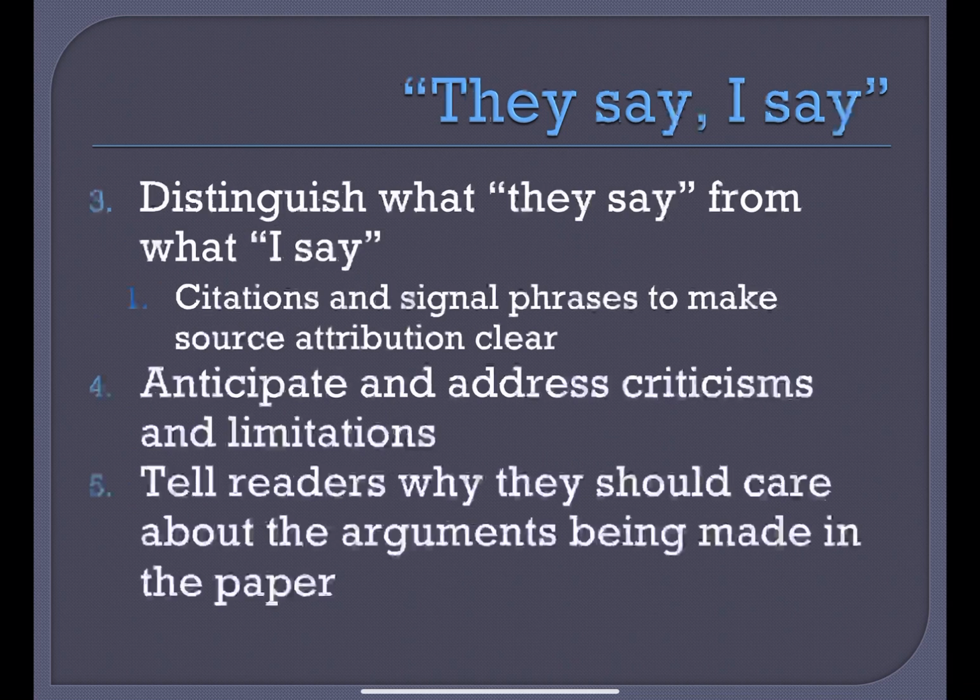And then you want to make that transition into what you're going to say. This supports my thesis in this way, or however, this is wrong in this way. And so you want to anticipate and address the criticisms and limitations, things that you think people will be concerned about, and tell the readers why they should care about the arguments being made in the paper.